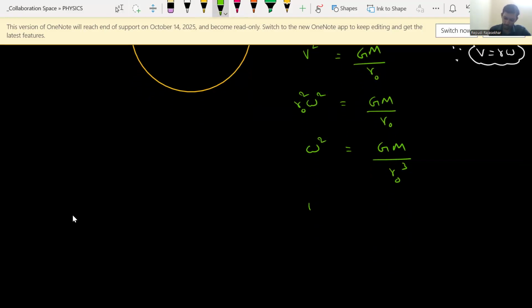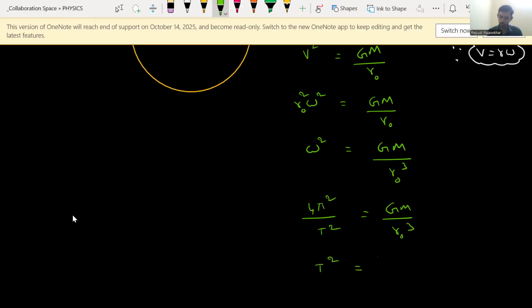Omega can be written as 2 pi by T, whole square. So this is 4 pi square by T square. I repeat, omega means 2 pi by T, omega square is 2 pi by T whole square, 4 pi square by T square equals GM by r naught cube. So find out the T square value.